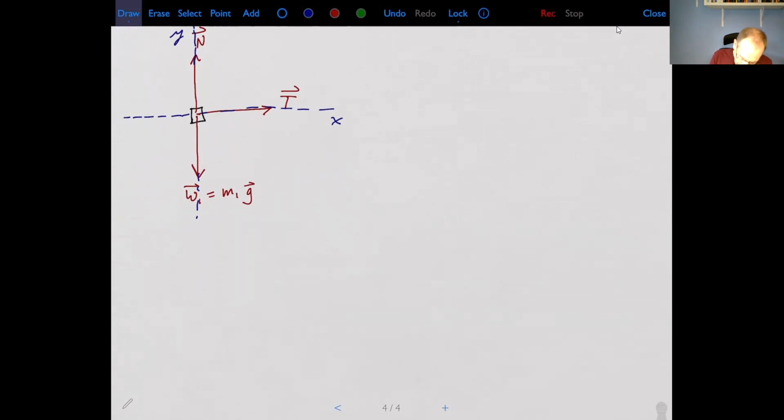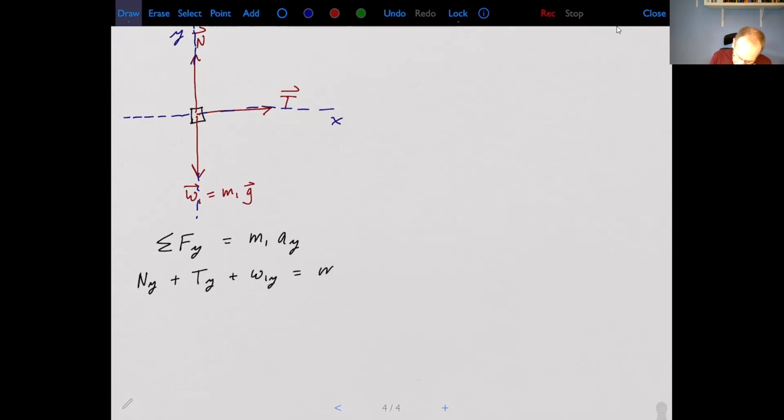So I have the sum of the forces in the Y equals the mass of the cart, M1, times AY. So when you're first learning this, it's probably a good idea to write out all of the components. So I have 3 forces, right? So I want all the Y components of those 3 forces. So I can write this out. I want the Y component of N plus the Y component of T plus the Y component of the weight.